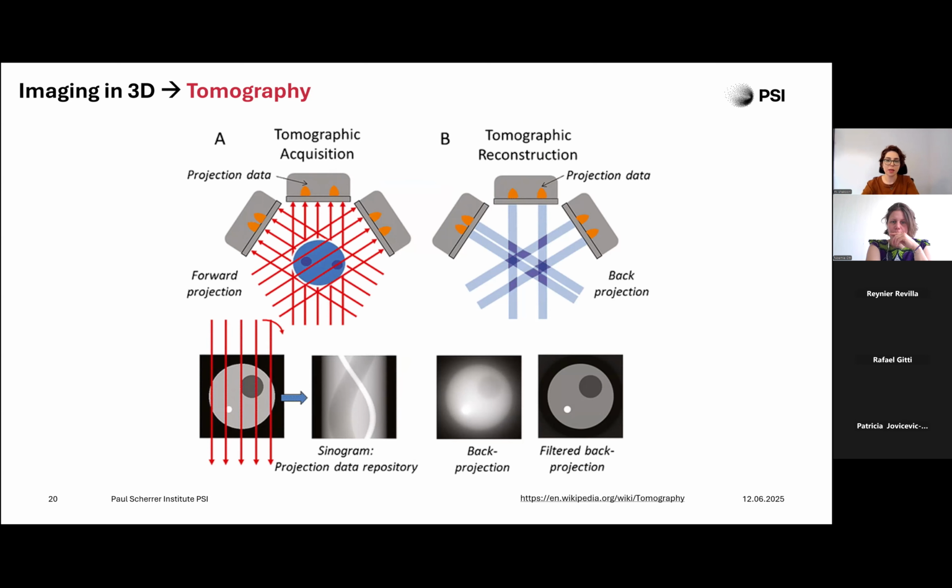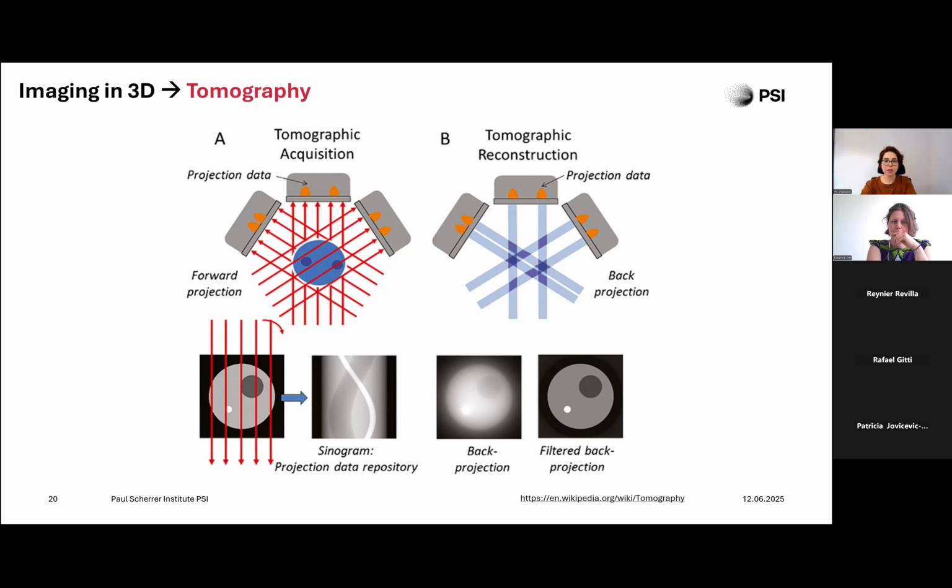What happens is that as the sample rotates, each projection records how much of the beam is absorbed or attenuated along every ray path.